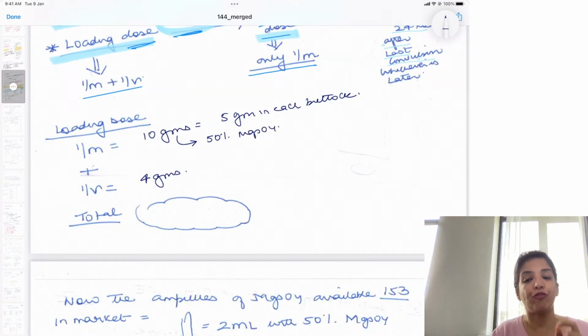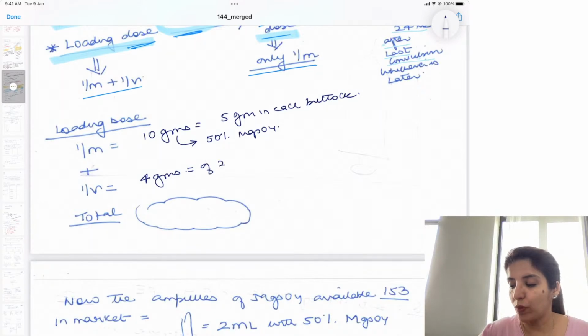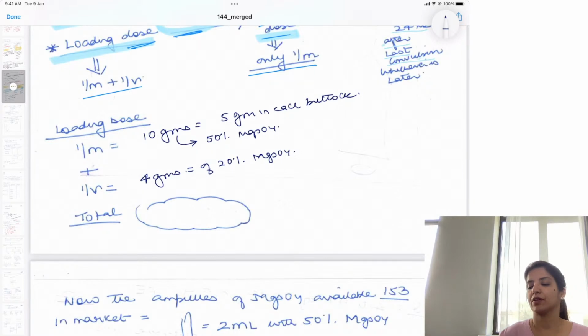The IV dose of 4 grams is 4 grams of 20% magnesium sulfate. Right? So the IM dose is 10 grams of 50% magnesium sulfate, and the IV dose is 4 grams of 20% magnesium sulfate.